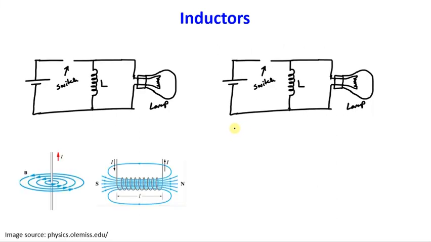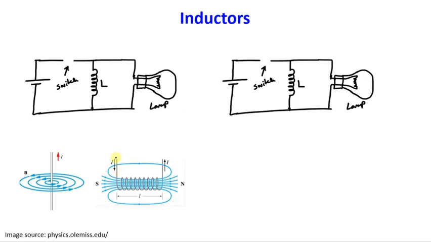But before that, let us first recap some of the things that you already know. You can see two new images here. One is a single conductor and the other one is an inductor, right? When current flows through a conductor, it generates a magnetic field around the conductor. In case of an inductor, the magnetic field lines converge at the center, so the total magnetic field becomes quite strong, right?